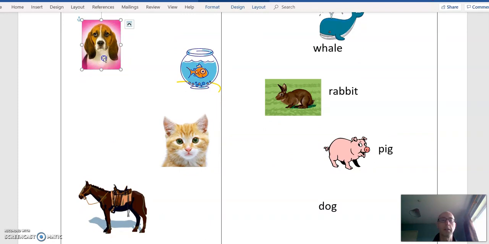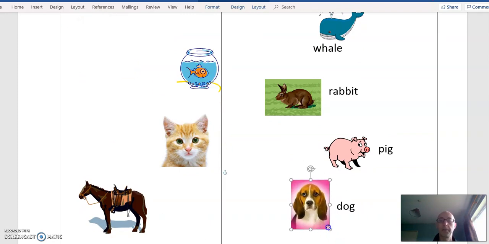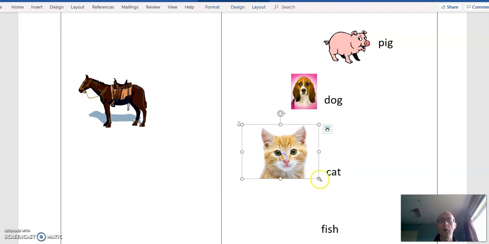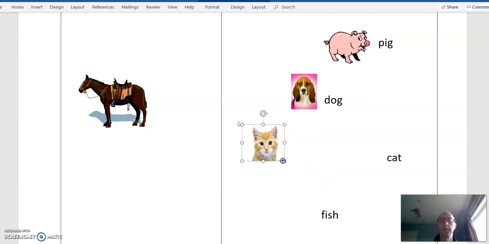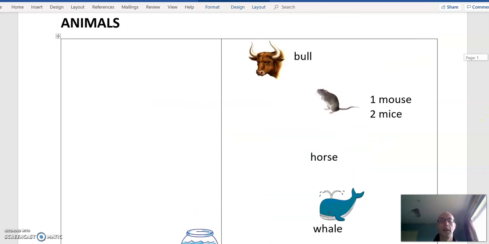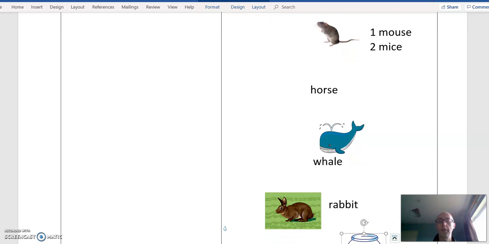Dog is easy. We put the dog there. Cat, again, an easy one. Let's move the cat here beside the word. Fish. Let's move it down here.